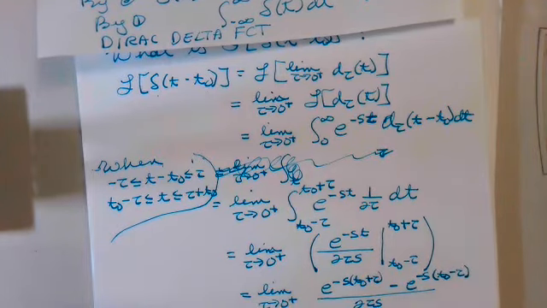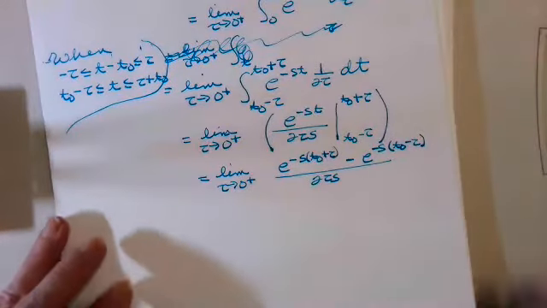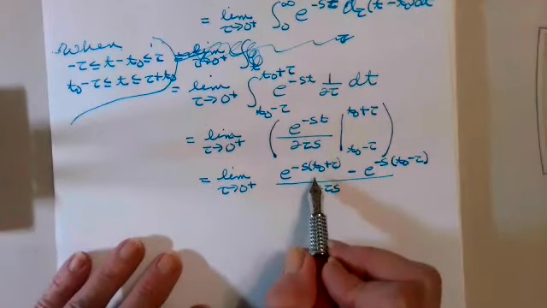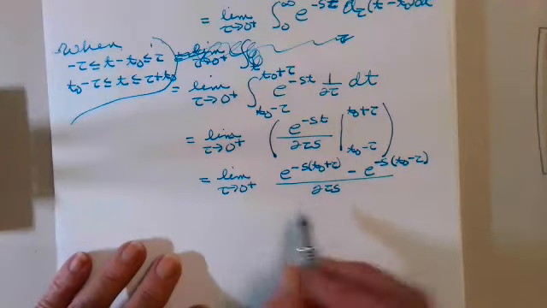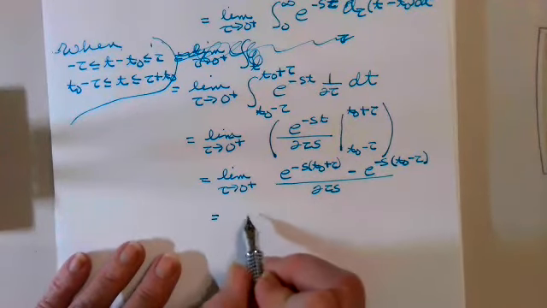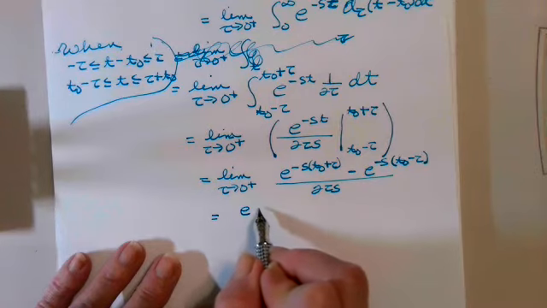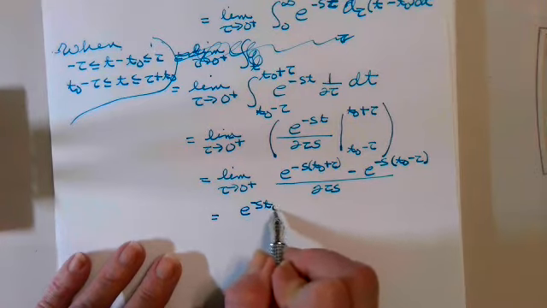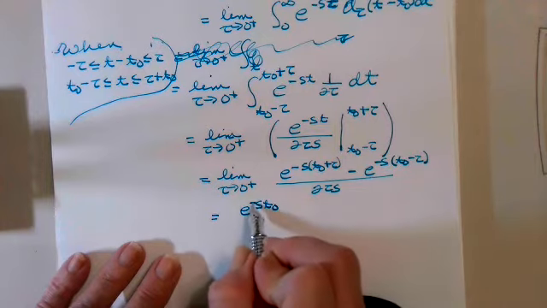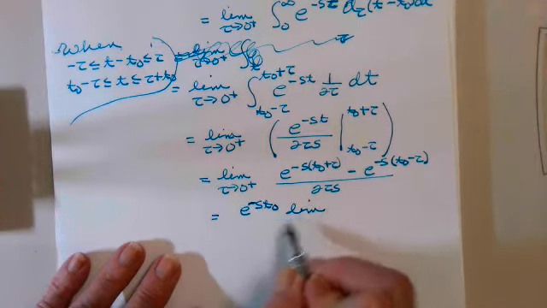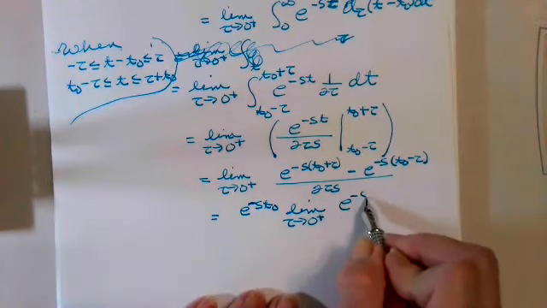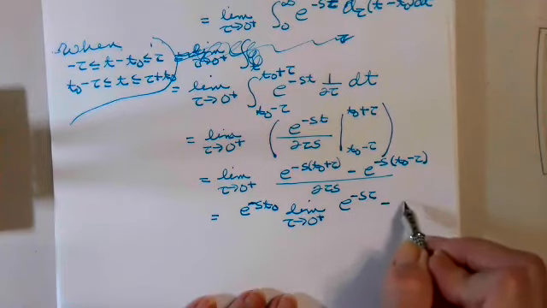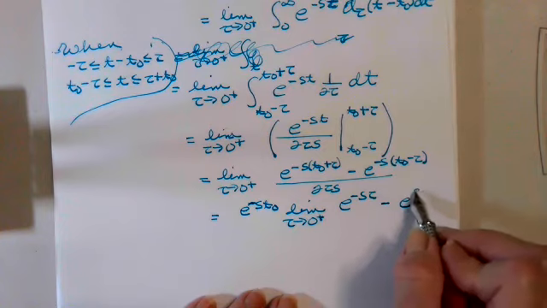Now you notice that you have a common factor of e to the minus st naught in both of these terms. So let me pull that out in front, because that has nothing to do with the limit. So that's e to the minus st naught. Now you take the limit as tau goes to 0 from above.